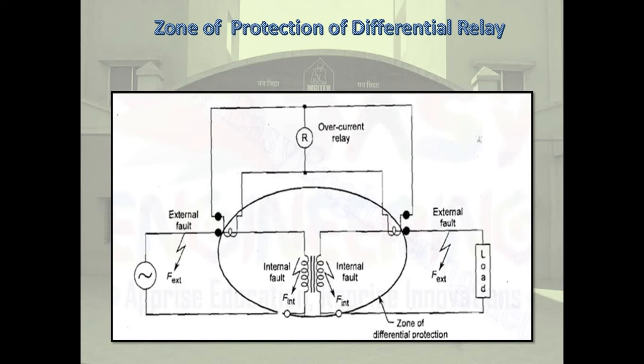When the fault develops outside the protected zone, the relay will not operate. So this is the zone of differential protection, external fault or internal fault. Here this is the equipment to be protected, like a transformer winding.